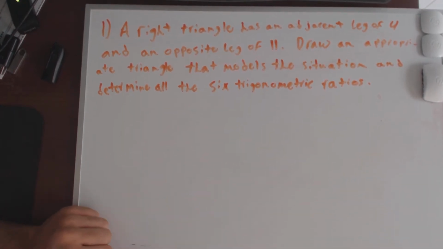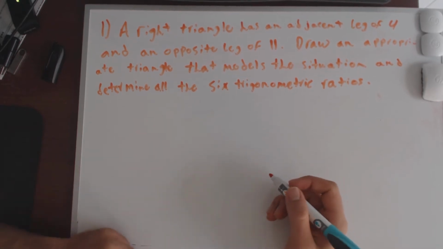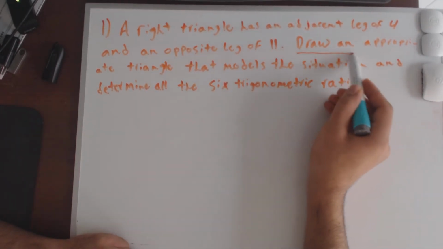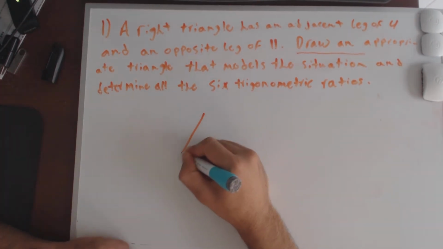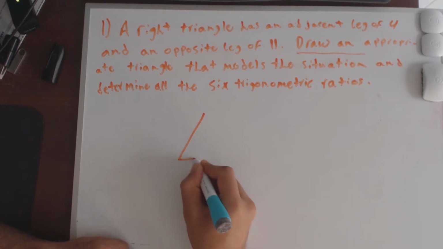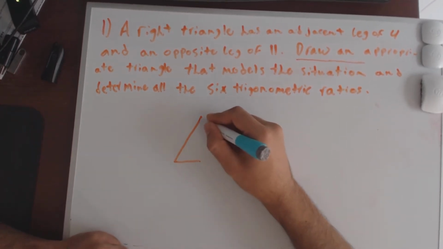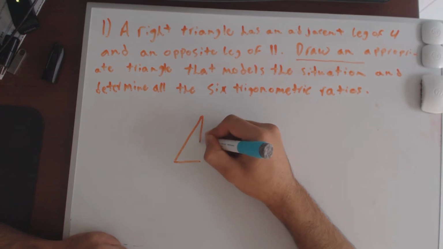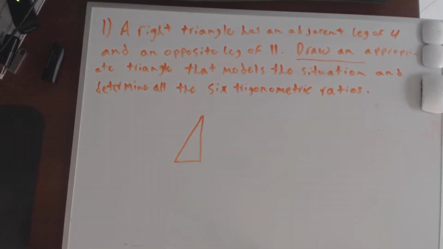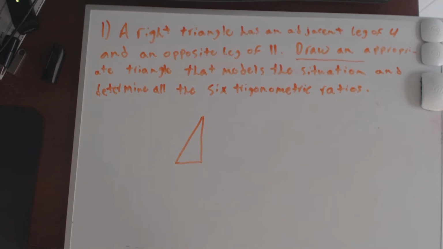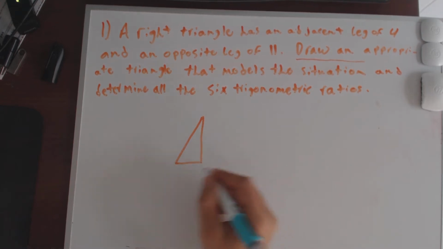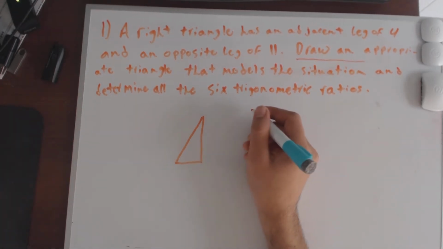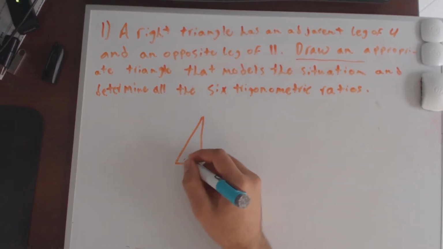So first things first, we are going to draw an appropriate triangle. So here's a triangle, and you can use any Greek letter to name an angle.